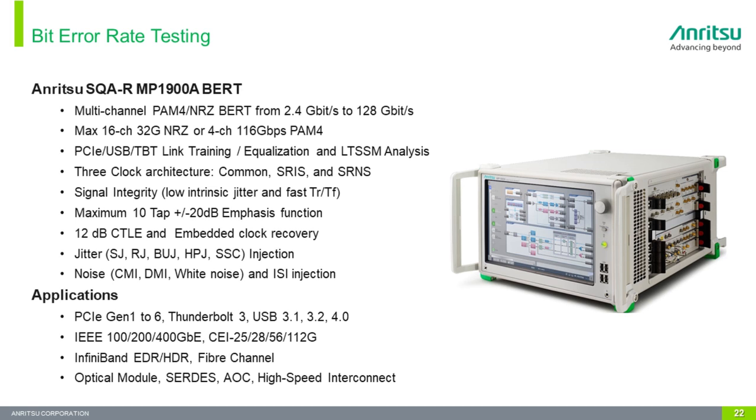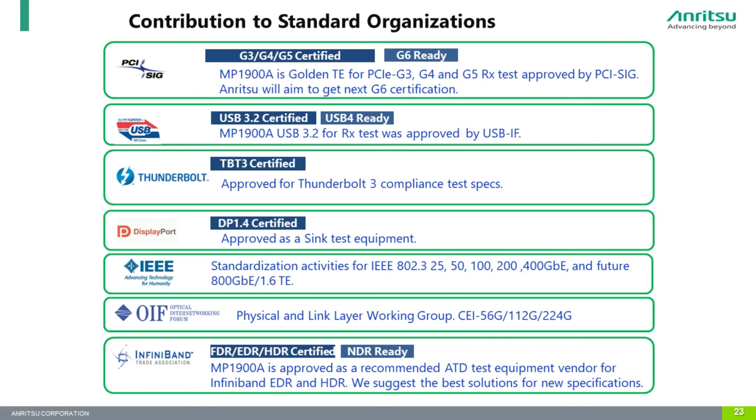So we support PCIe Gen 1 to Gen 6, Thunderbolt 3, USB 3.1, 3.2, and 4.0, IEEE 100, 200, 400G Ethernet, InfiniBand, and optical module tests. And on the last slide, it is contributing to these standards, and the MP1900 is an approved golden test suite in PCIe Gen 3, Gen 4, and Gen 5, and we are now making a proposal for Gen 6.